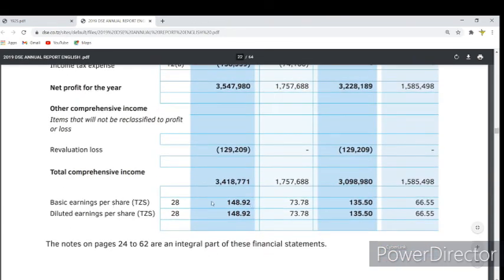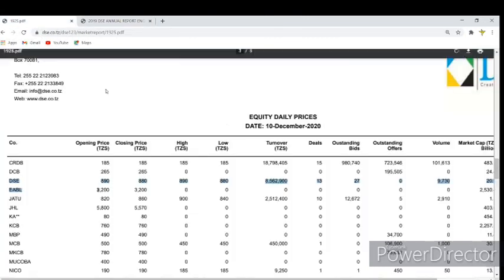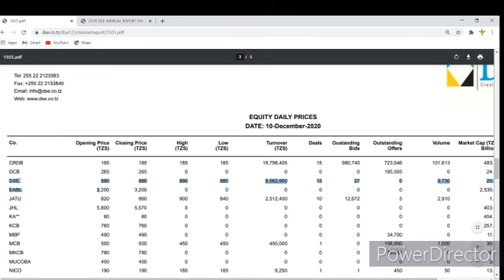So right here, we can see that the earnings per share is 148.92 Tanzanian shillings. We're going to use this earnings per share and divide it by the share price of DSE. So I am just going to go to the actual equity daily prices for DSE as of the 10th of December.